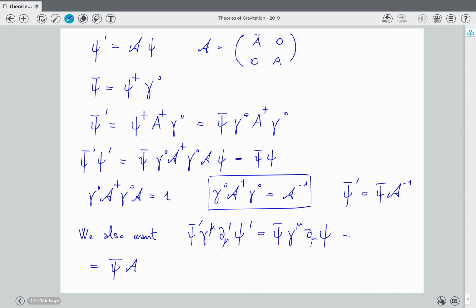So this is A minus 1. Then we have gamma mu partial mu prime, that is partial x nu partial x mu prime, and then you have psi prime, that is A psi.